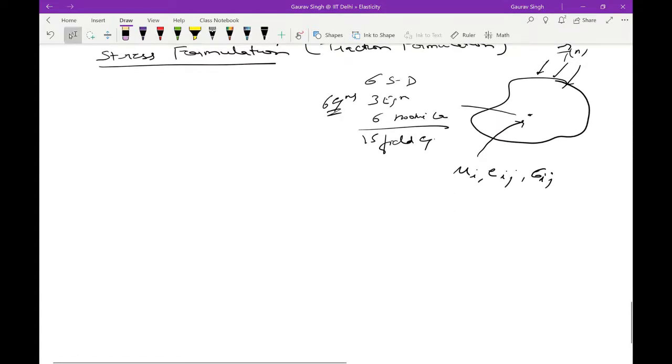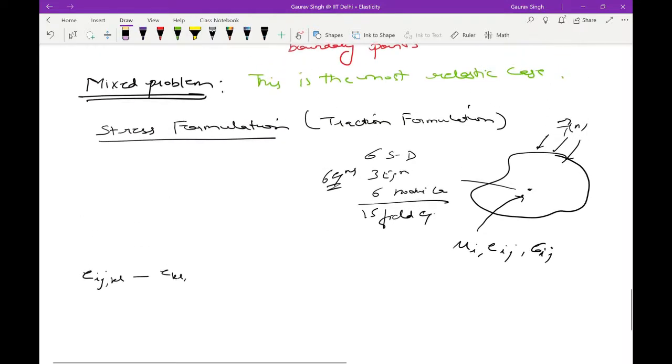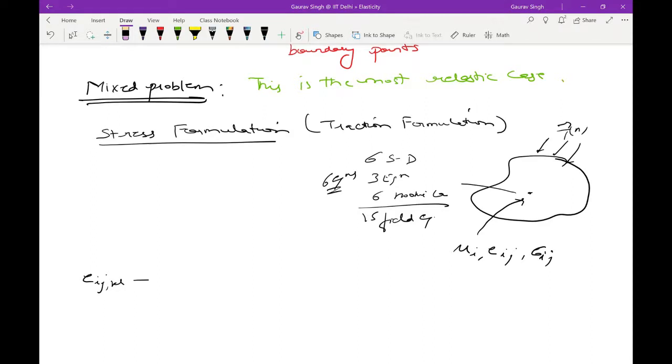So let's call that Eij,kl minus Ekl,ij plus minus Eik,jl minus Ejl,ik is equal to 0.